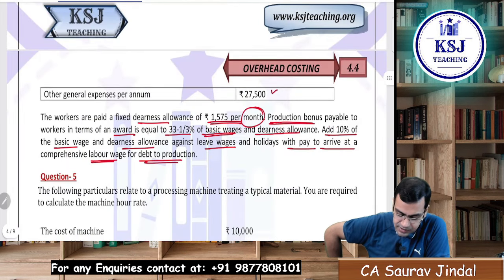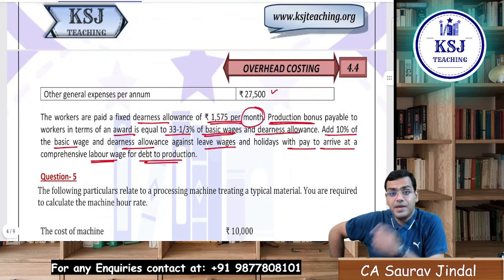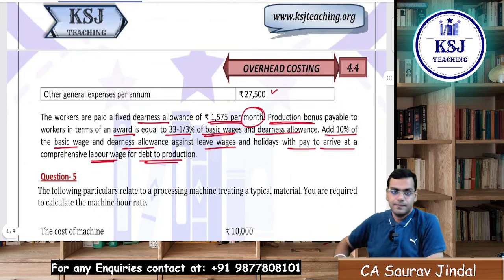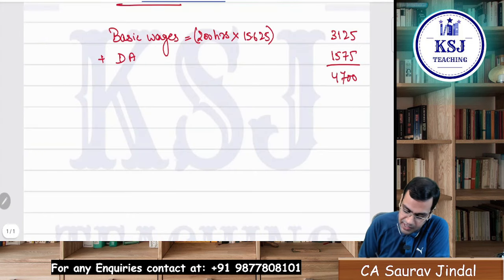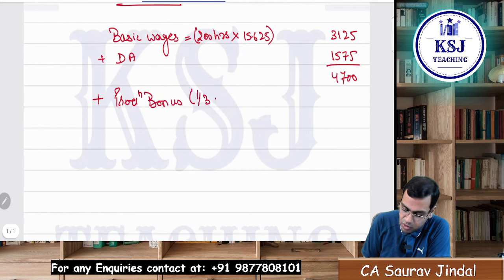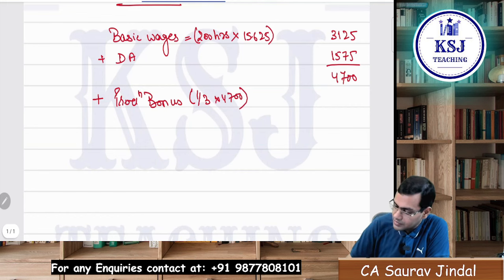Sir, anything else to be paid? Yes, he says production bonus is payable in terms of the award, equal to 33 1/3% of the basic wages plus DA. So you will have to pay the production bonus also. Production bonus will be 1/3 of 4700, that comes to 1567.